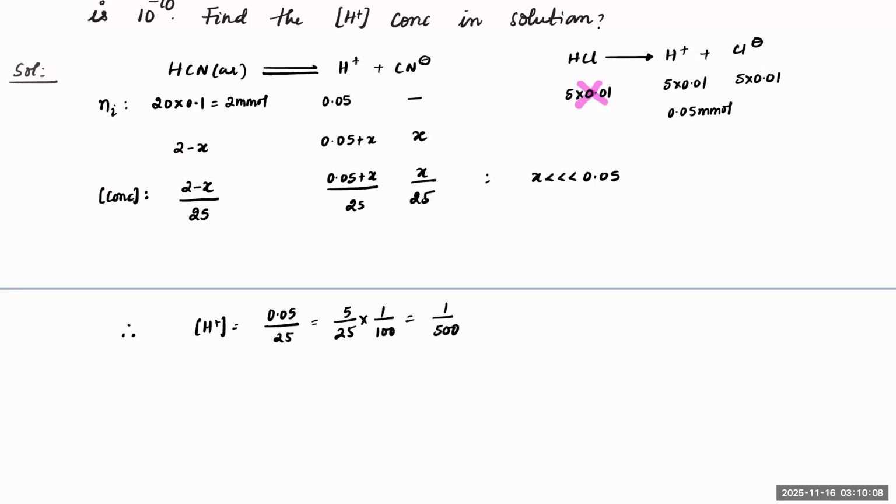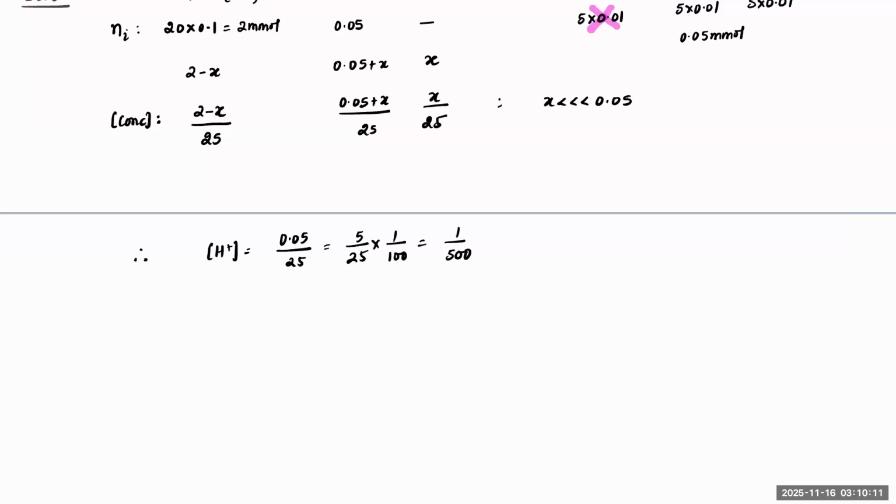So this is the value of H plus ion concentration. So what will be the pH value here now? Minus log of 500, sorry, plus log of 500. So which is equal to 2 plus log 5. So that is equal to 2 plus 0.7, or 2.7.